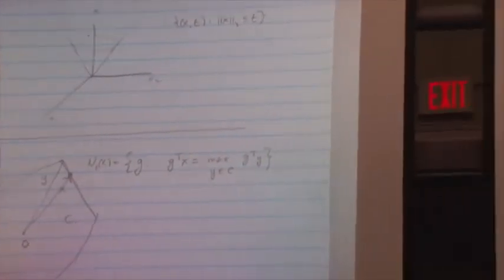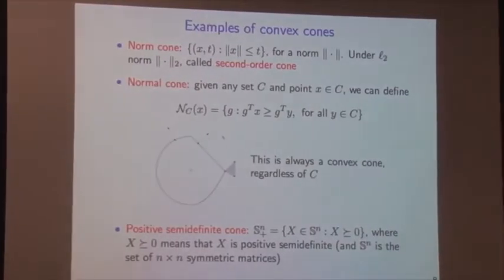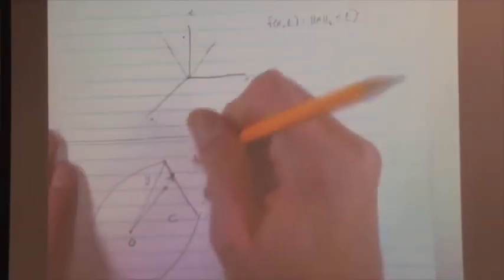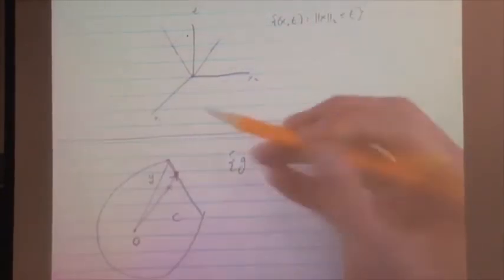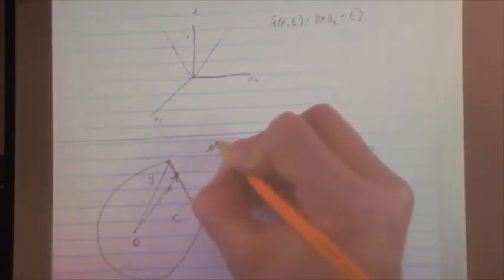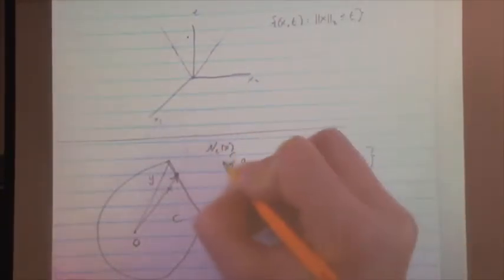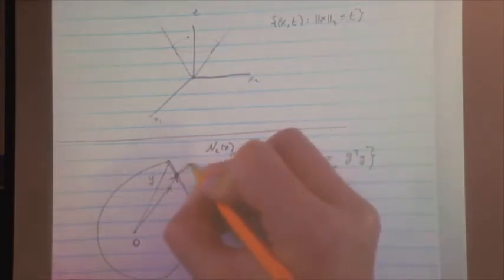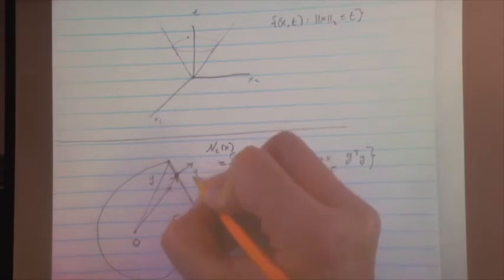Any other ideas? I'll give you a hint. The reason it's called the normal cone is because you can think about it as a normal vector to the surface of the set. So I'll move this over so I have more room to draw. This is the normal cone of C at x. It should make a right angle, in a sense, with the boundary of the set.